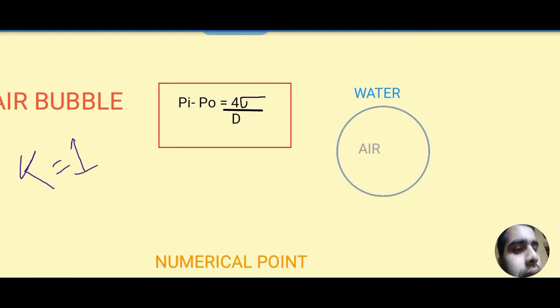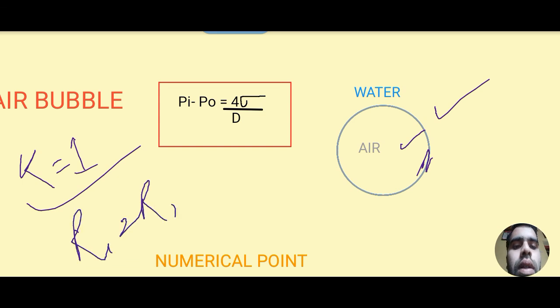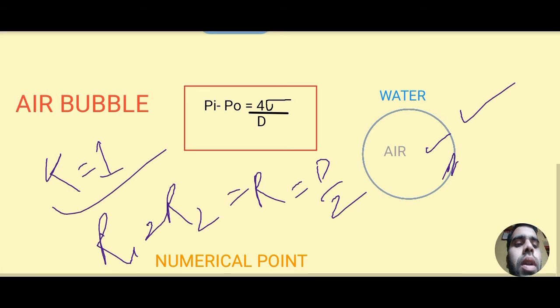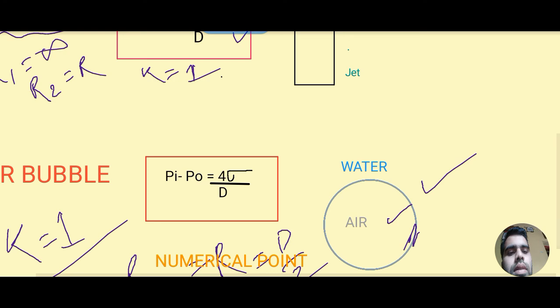Because inside is air and outside is water, only one interface. So K equals 1, R1 equal to R2 equal to R equal to D by 2. By putting all these values, for an air bubble, Pi minus Po equals 4 sigma by D.